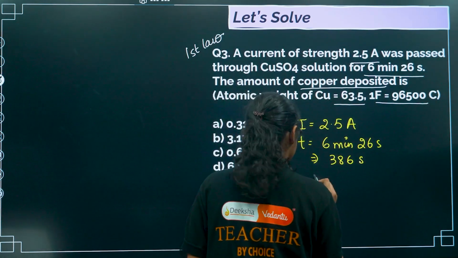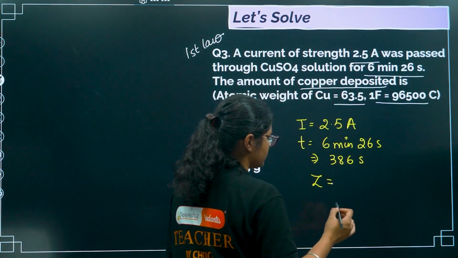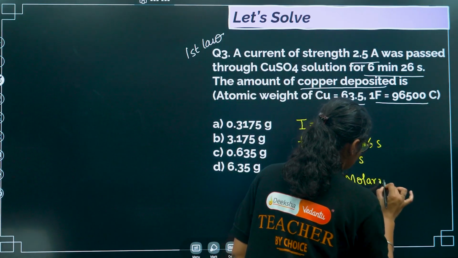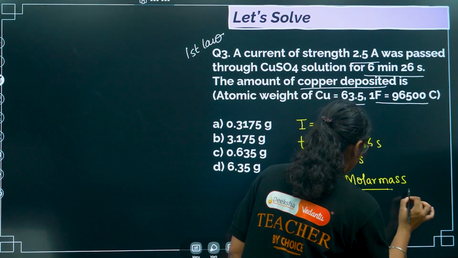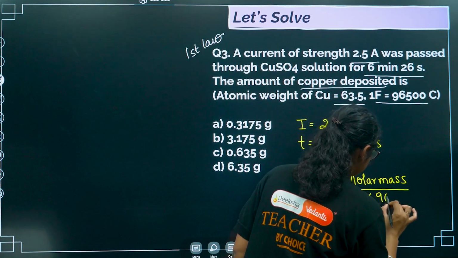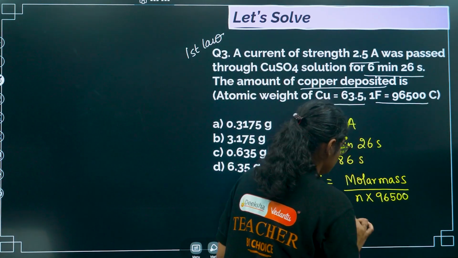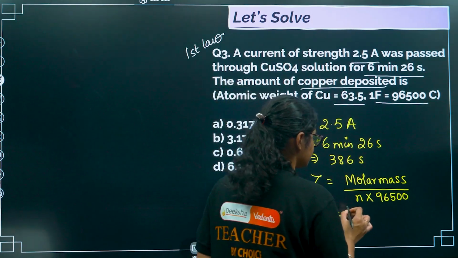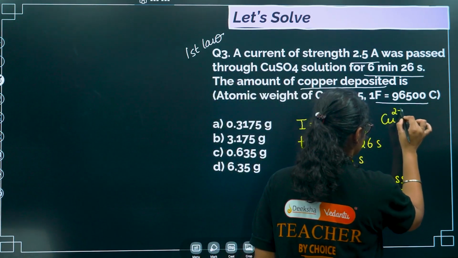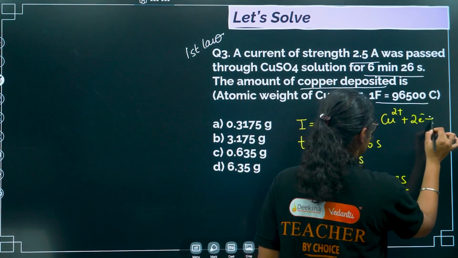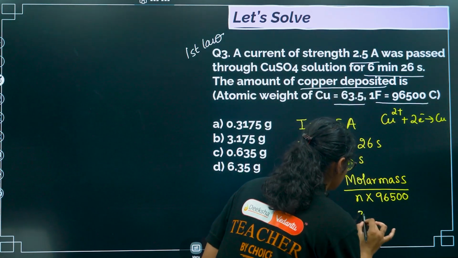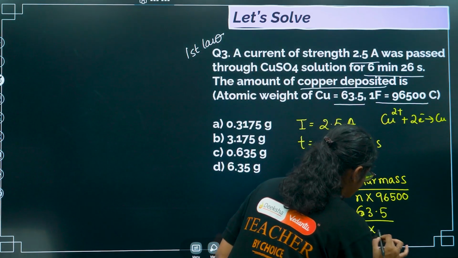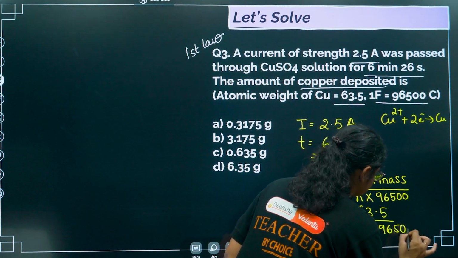And I know Z for copper, we'll also calculate that. The Z formula is molar mass by N into 96500, right? So here the molar mass of copper is 63.5, and in the reaction 2 electrons give you copper, so the N factor is 2 here. So Z is 63.5 divided by 2 into 96500.